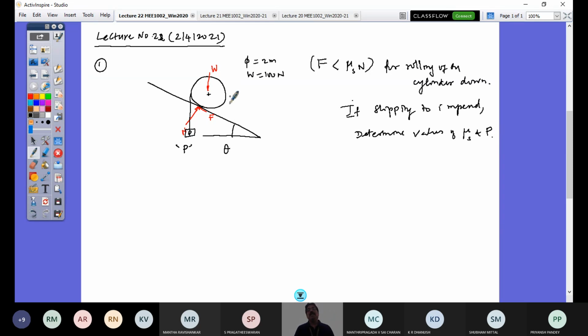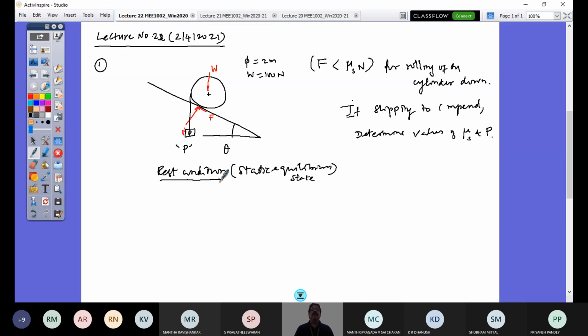So the cylinder is under rest condition now. Earlier I had not drawn in my configuration this cable and the load attached. But now the cable and the load P attached is there, and I could say this is in rest condition. That means static equilibrium state.